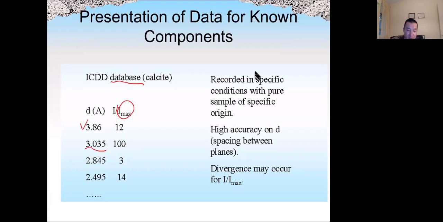So this is the fingerprint for calcite, which is CaCO3. This is recorded in specific conditions with pure samples of a specific region. So there may be different types of calcite, for example, and then this value may be different somehow.